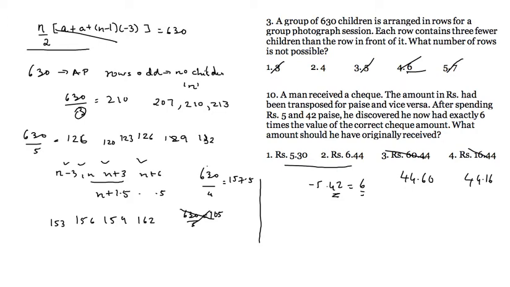That means after transposing the number of paise, right, not the rupees, that should also be a multiple of 2. If you work with 5.30 after transposing, that's 30.05, which is not a multiple of 2. So that can be eliminated, and option 2 is your right answer. If you substitute 2, you will see that it works out perfectly, right?